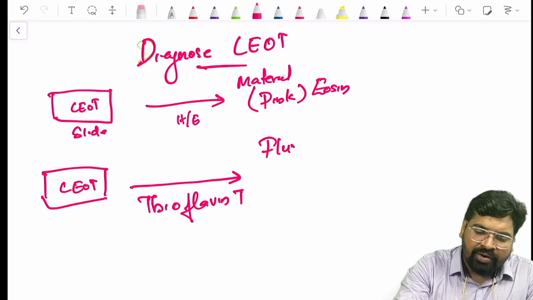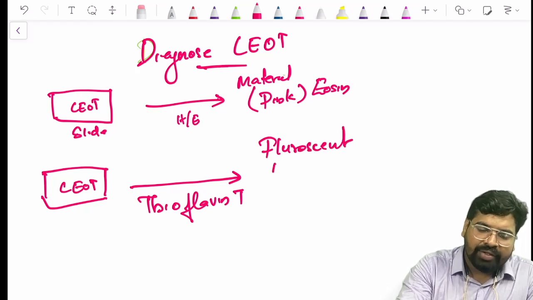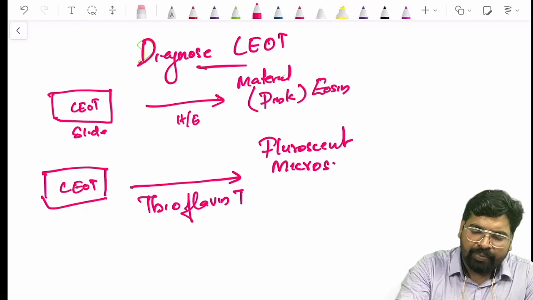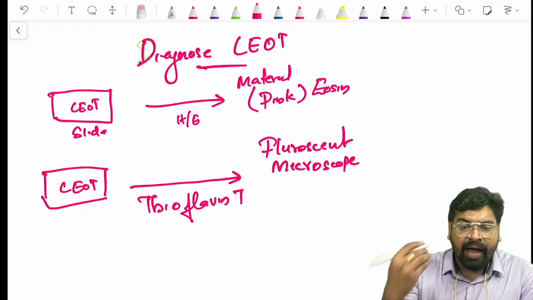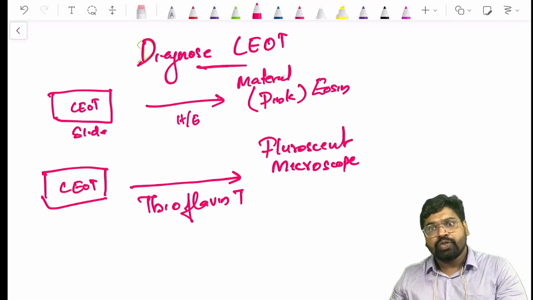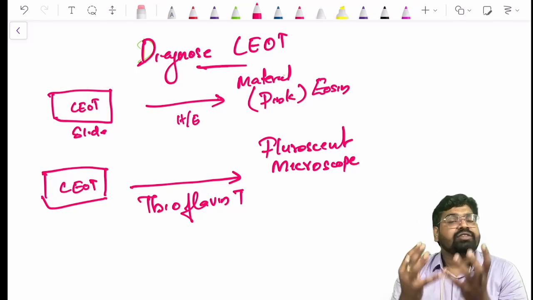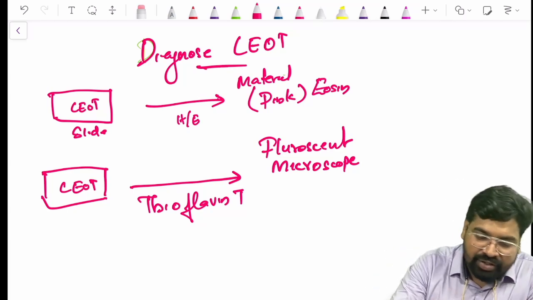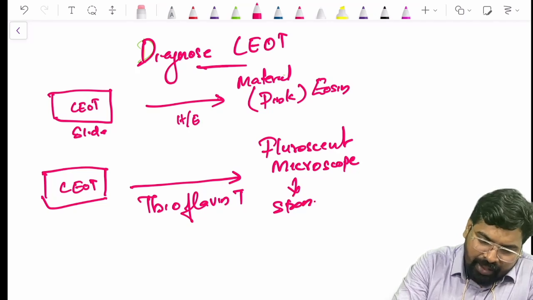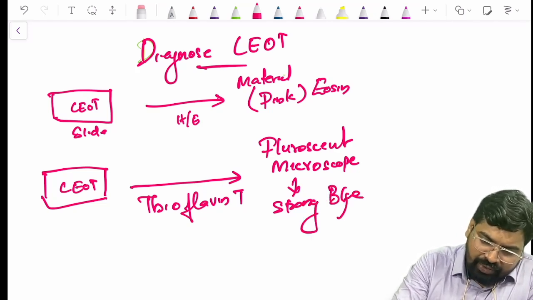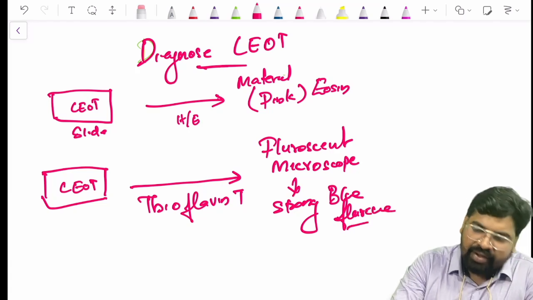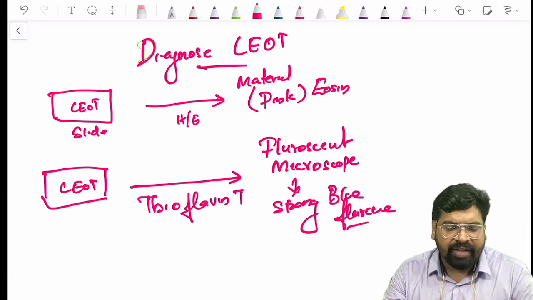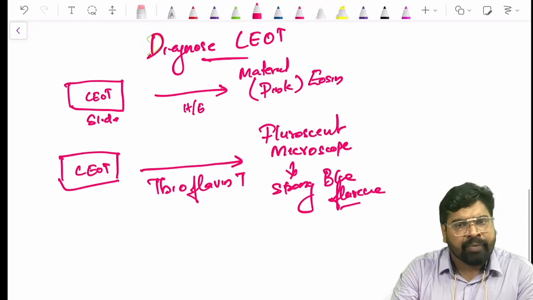I can see that this material, which was pink in the HE stain, now shows strong blue fluorescence. Okay, thioflavin T. Now I'm okay with it.